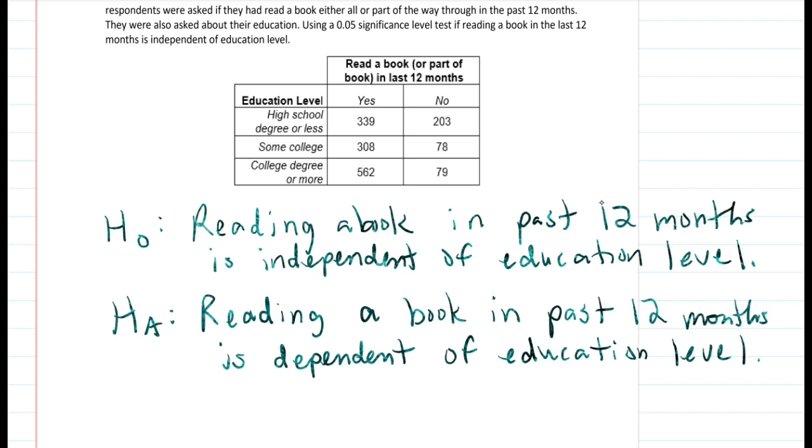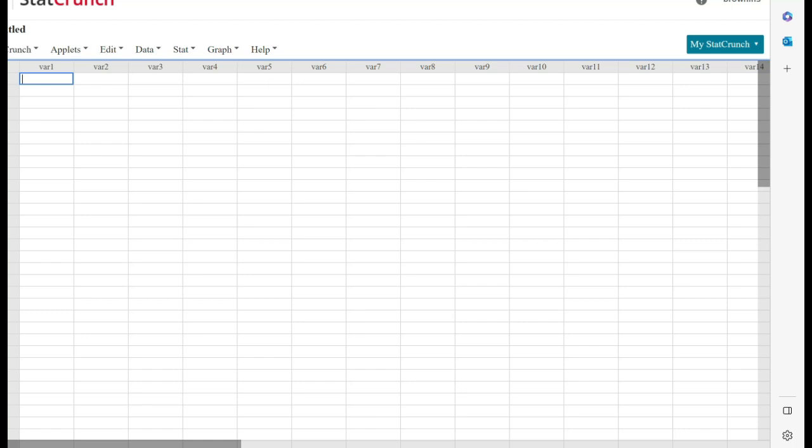Next we'll need to go to StatCrunch. That's the technology of choice I'm going to use in this video. We're going to type this table that we see here into the spreadsheet. I'll identify these columns. This will be the education level, and again, this is from the table in the original question. You may want to rewind so you can see what's being typed in here.